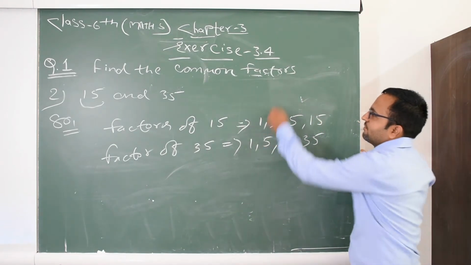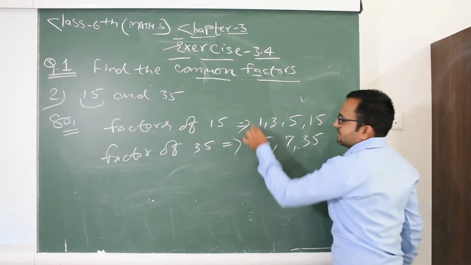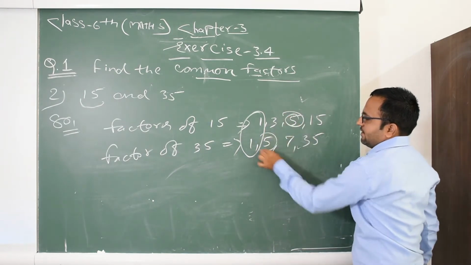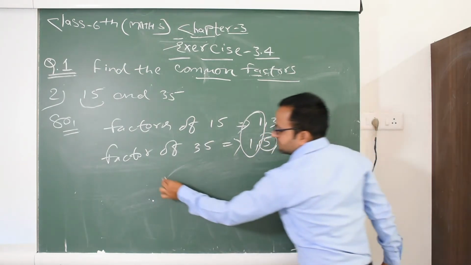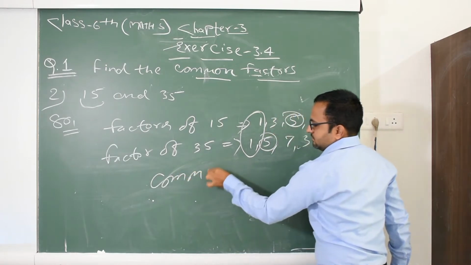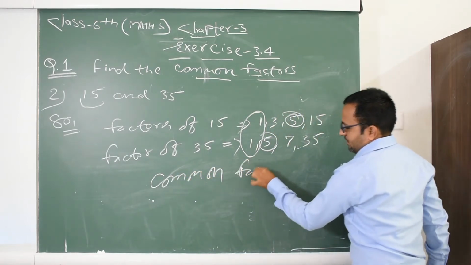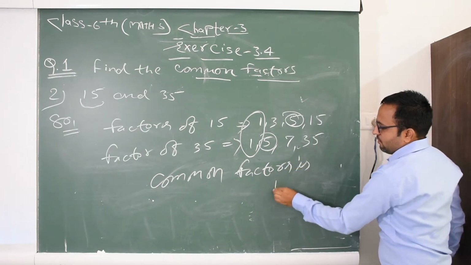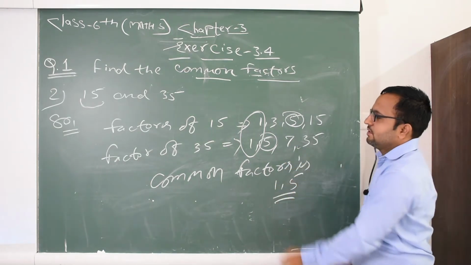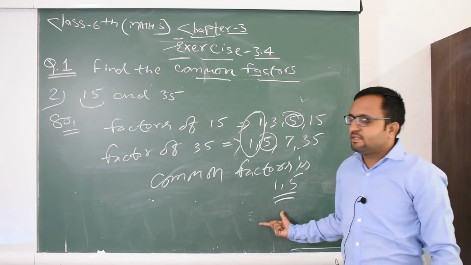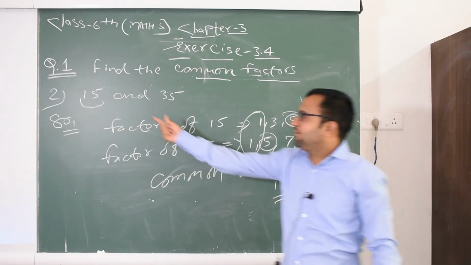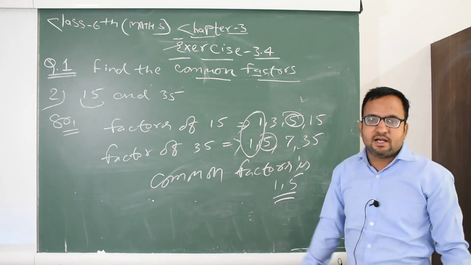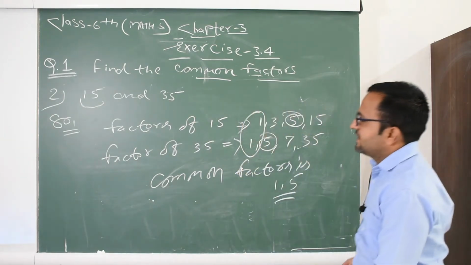So now we find the common factors. The common factors are 1 and 5. So your answer: 1 and 5 are the common factors of 15 and 35. So this is your answer. Now next question.